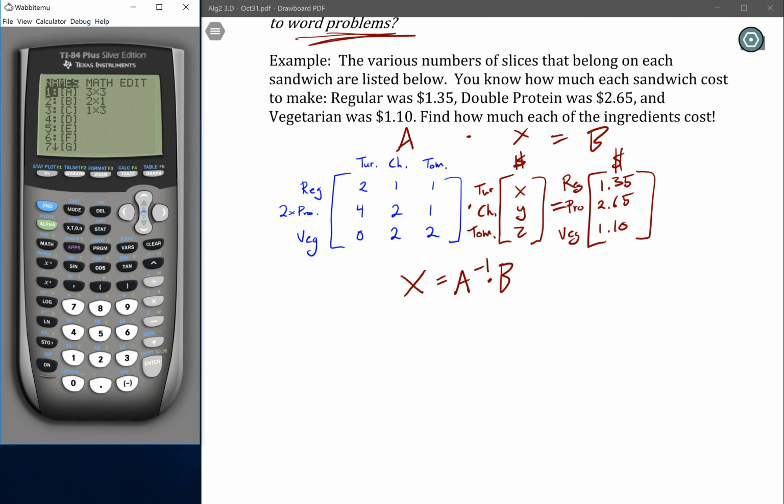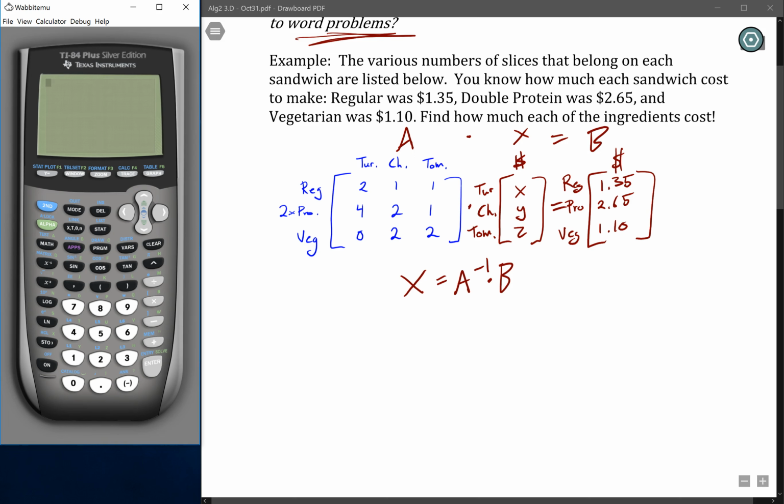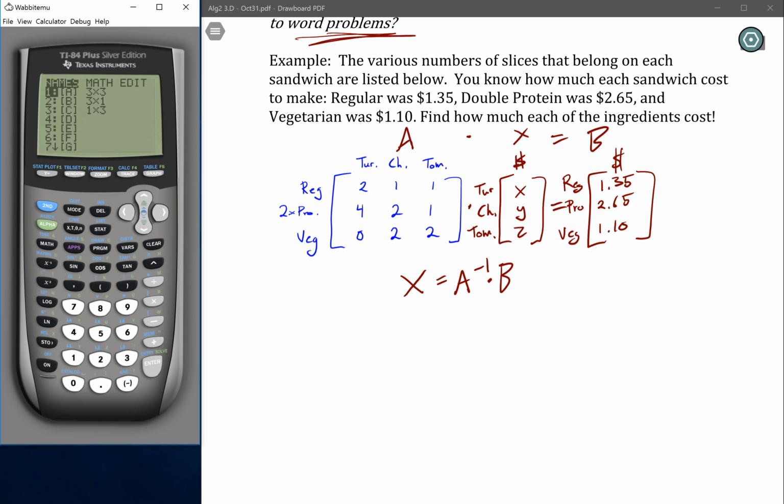Let's also edit matrix B. So go over to edit, down to B. And today B is a 3 by 1. And it's 135, 265, and 110. Awesome. So we've edited our matrices. Remember, literally all we have to do is this A to the negative 1 times B business. And that's it.